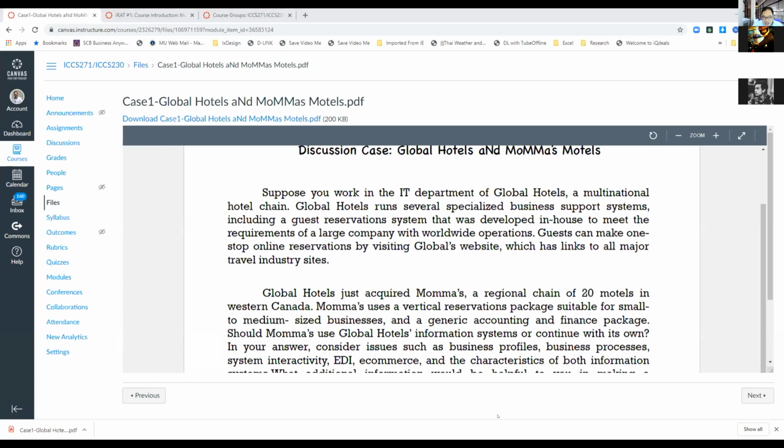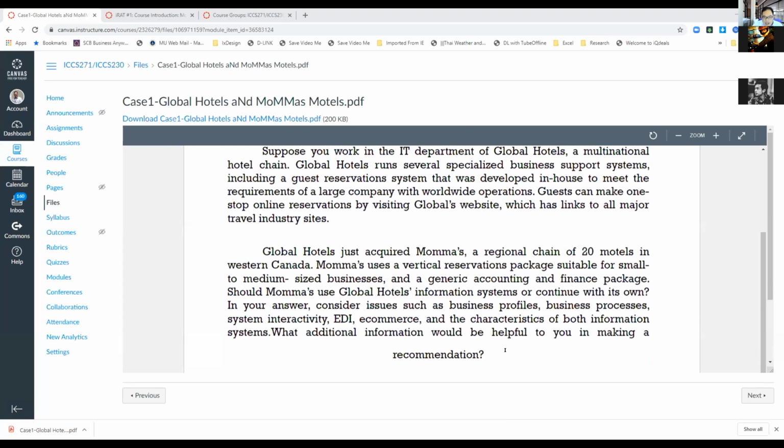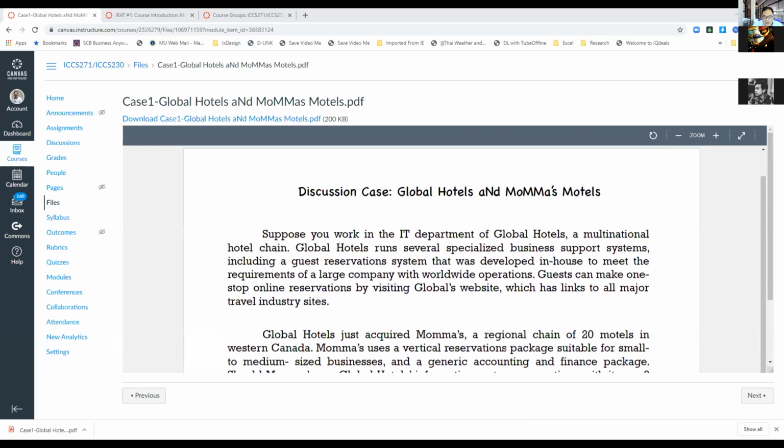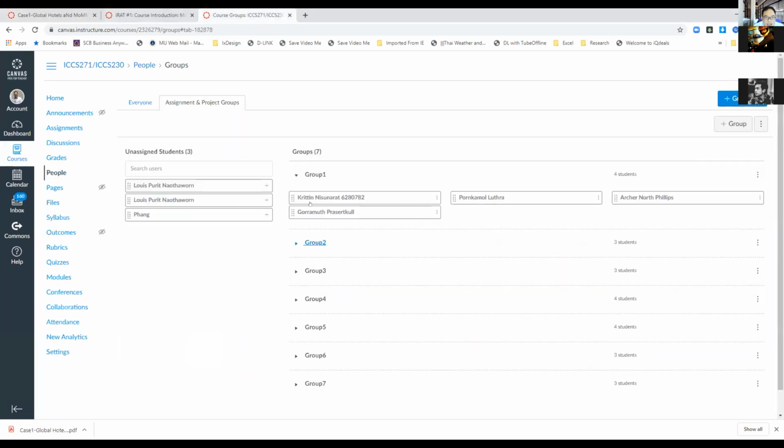Okay, let's start with the first one, Global Hotels and Mama's Hotel, because not every team worked on this one. That's why we need someone to help summarize this business case.